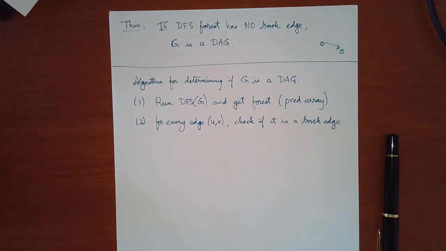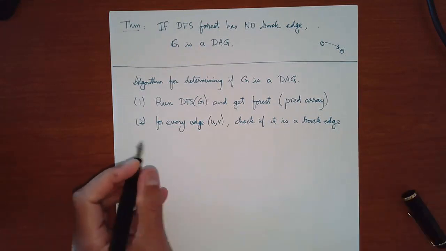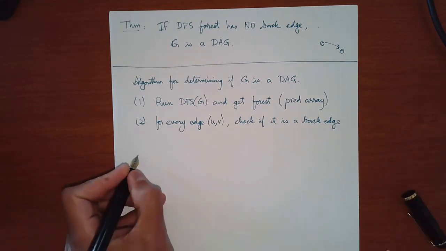You remove that information because you never visit the same node twice. So how do I know? I claim that if you look at the finish times and discovery times, you can determine if something is a back edge. Let me ask you a question.